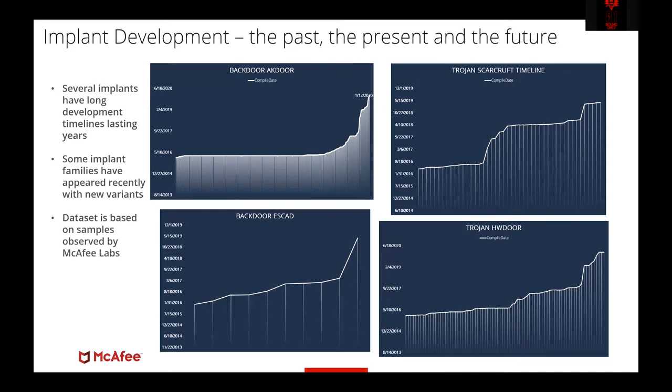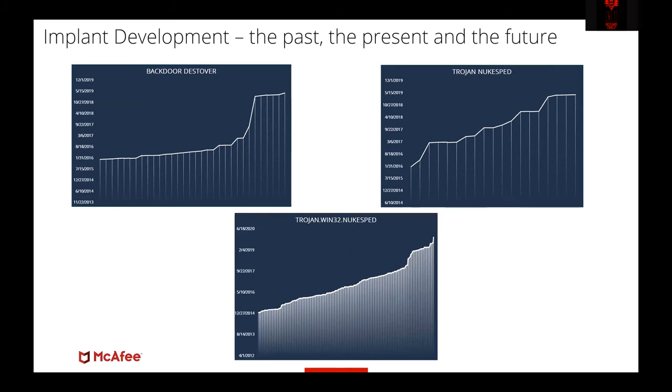Backdoor Actor, Scarcruft, HWDoor, and Ascot, and these are the samples that we've seen in the wild observed by McAfee Labs and their development timelines. As you can see, many of these have originated in 2014, 2015, 2016, and essentially have reappeared in 2020.